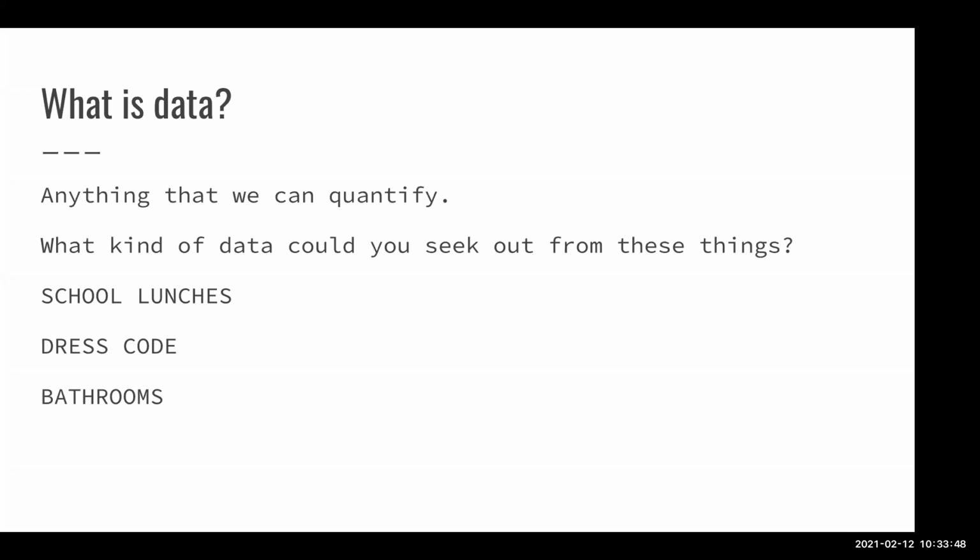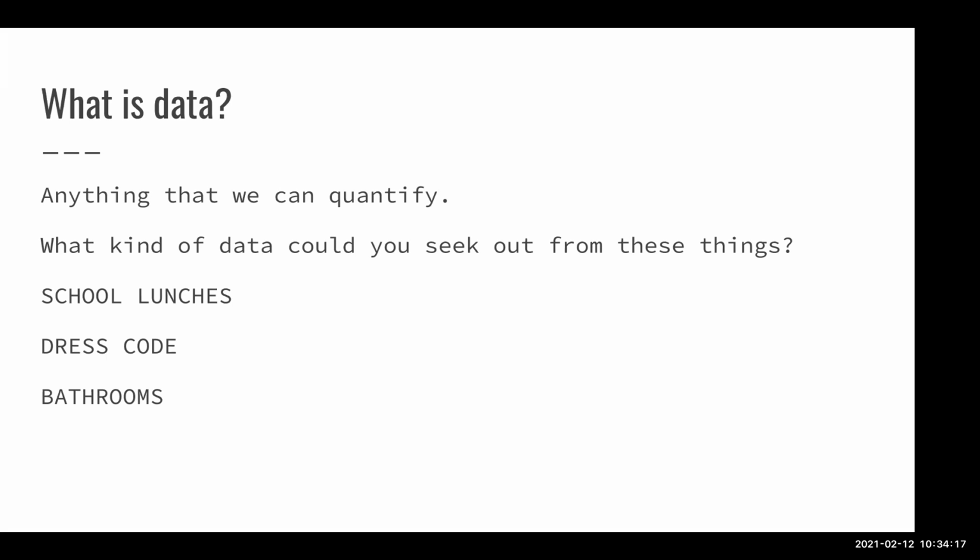You could do a survey of how long the lines are. You could do a count of how many workers there are in the line, or maybe something like what type of food is served when. And if you notice any patterns, then that's a story.